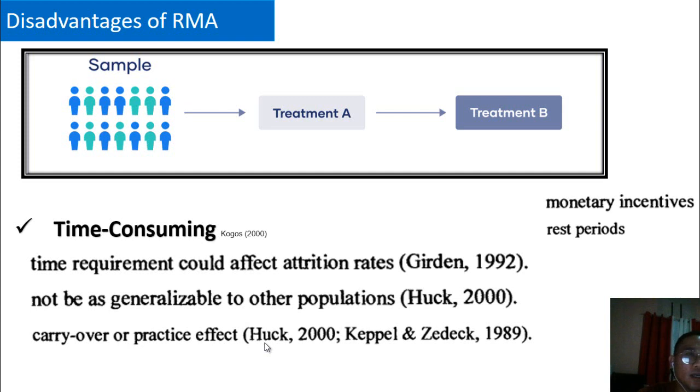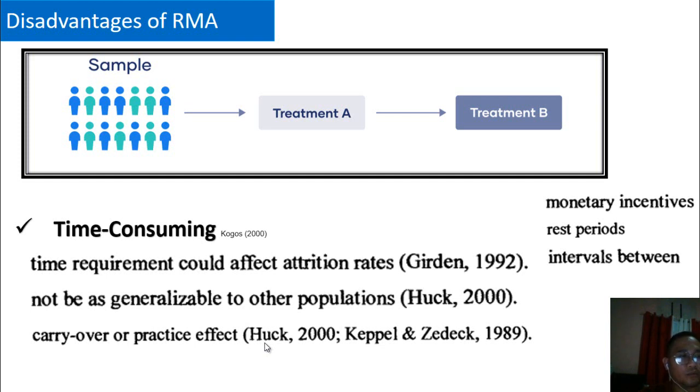That means give them enough time, rest period before the treatment A or before administering another treatment. Or just to lessen the carryover or practice effect, you have time intervals in between treatments.